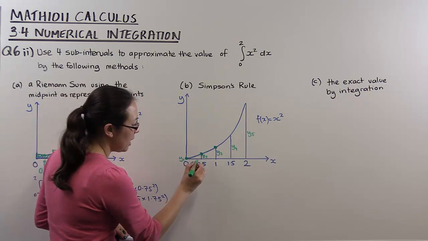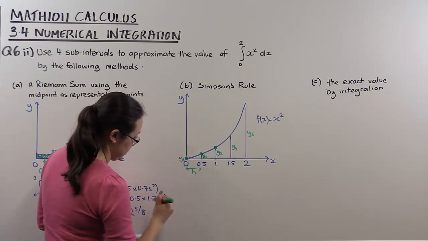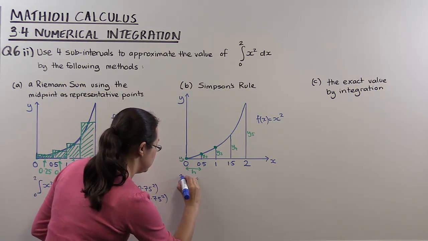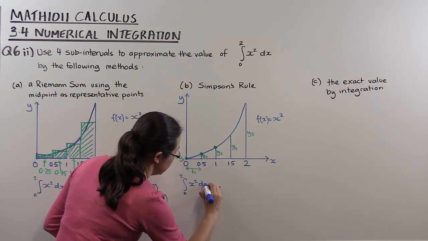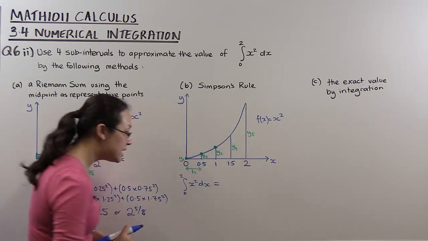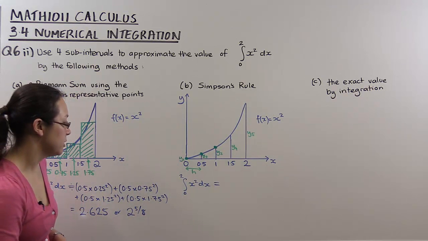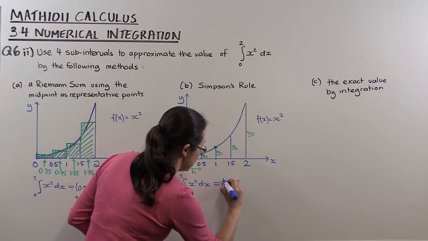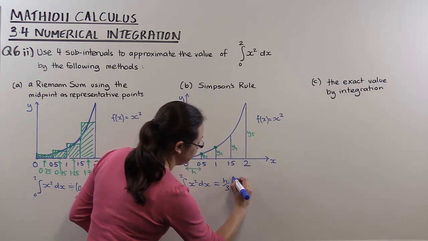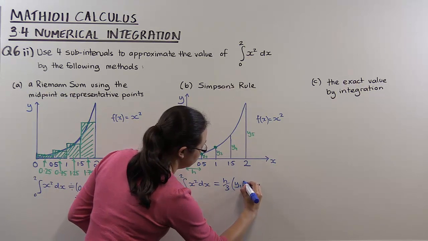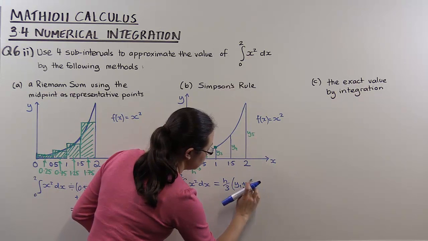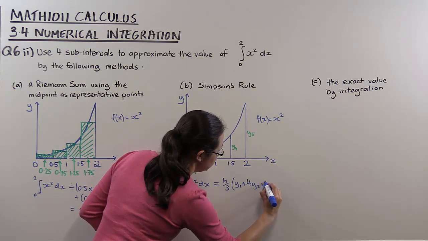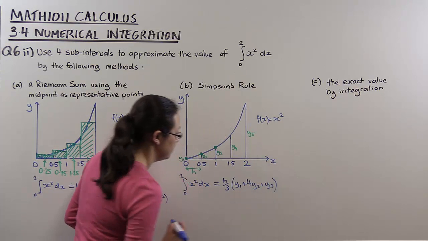So for this first case, let's write this down. 0 to 2 of x squared dx. In this case it's going to be exact, just because we've got a parabola here. Now Simpson's Rule says we want h on 3 outside of the first function value plus 4 times the middle function value plus the last function value.